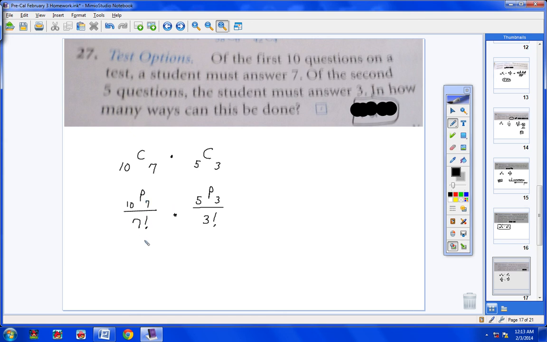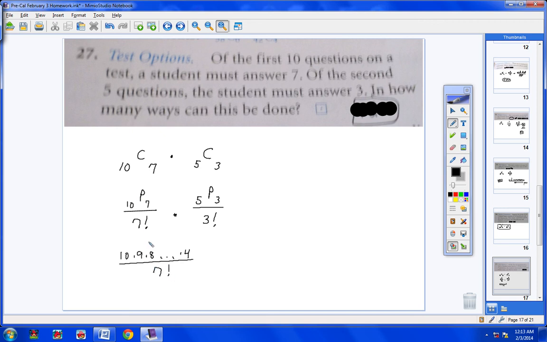for this problem right here, we would have 7 blanks because of this 7 right here. So 10 times 9 times 8 all the way down to 4. So times 8, 7, 6, 5, 4, all the way down to 4, all over 7 factorial.